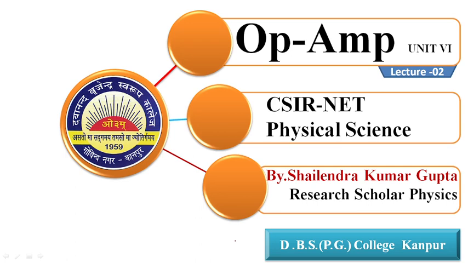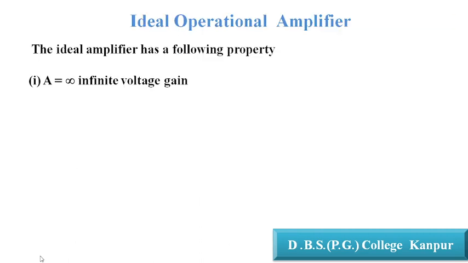In lecture number 1 we discussed the number of ICs available in the world from different companies, what an operational amplifier is, the pin configuration of the 741 IC, and especially the uses of these ICs. Today in this class we discuss the special properties of an operational amplifier which make it the ideal operational amplifier.